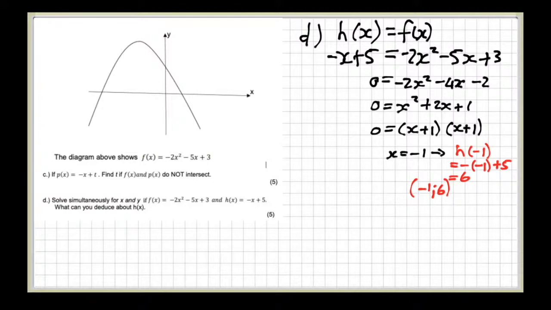If I look at h of x and it only has one solution, it means h of x is not just any line. It's actually a tangent to f of x at x equal to negative 1, because it touches it only once. This means it won't cut twice.